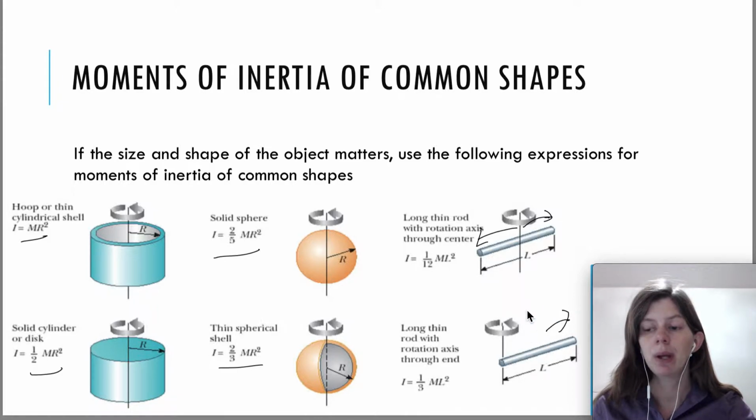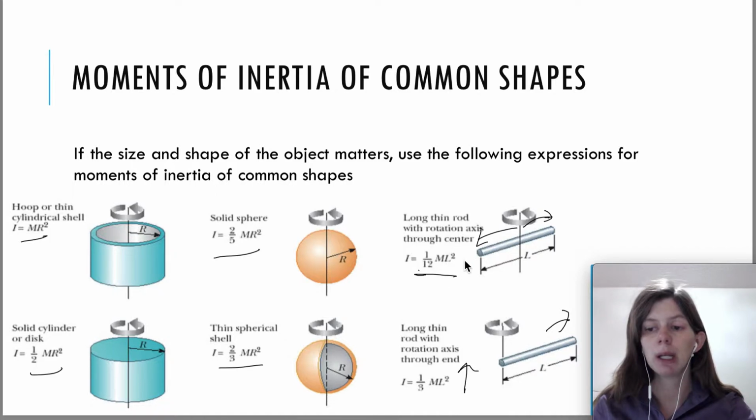It turns out that the second case is going to have the higher moment of inertia. So now we can look at the expressions that we are given. 1/12 ml squared for the first case and 1/3 ml squared for the second case. So indeed, this moment of inertia is bigger than that one.